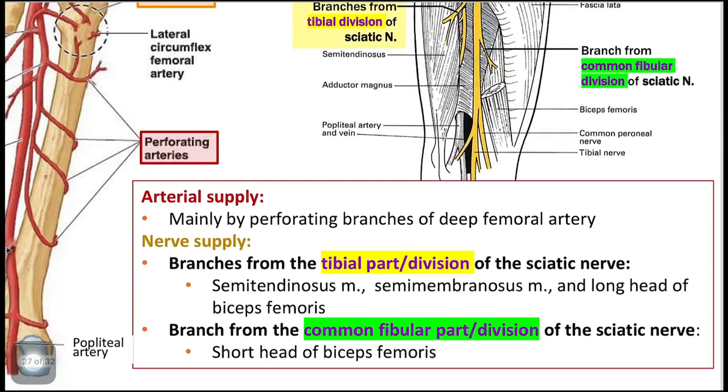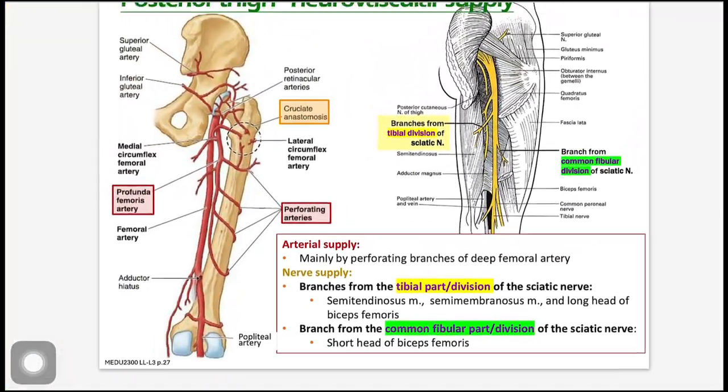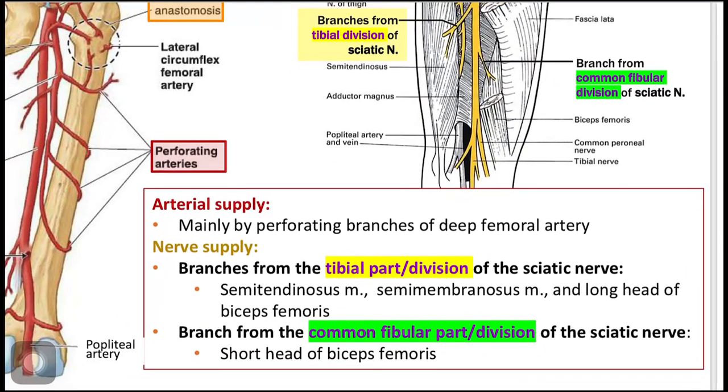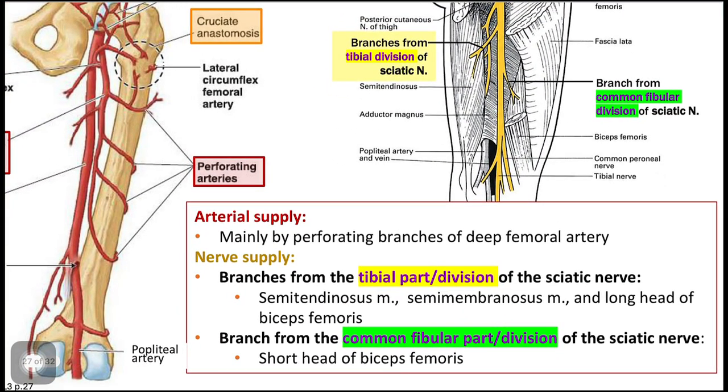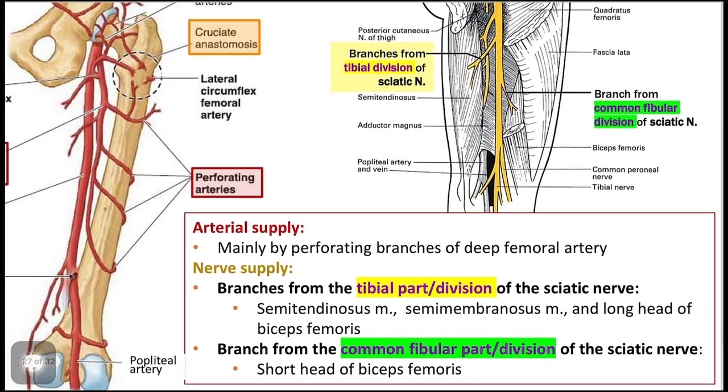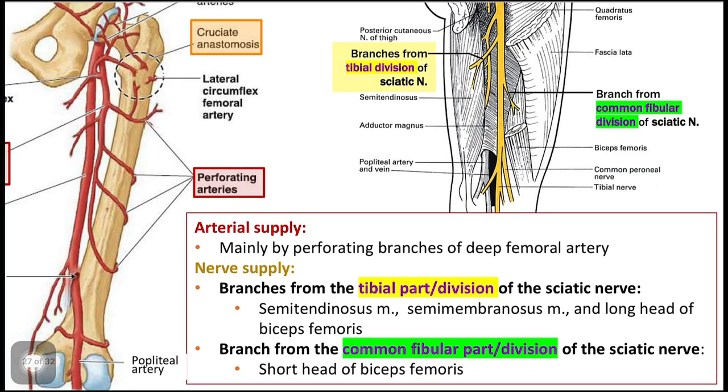So if we have to name the nerve supply for the hamstring muscles, we better say it this way: the branches from the tibial part or division of the sciatic nerve. They group together.